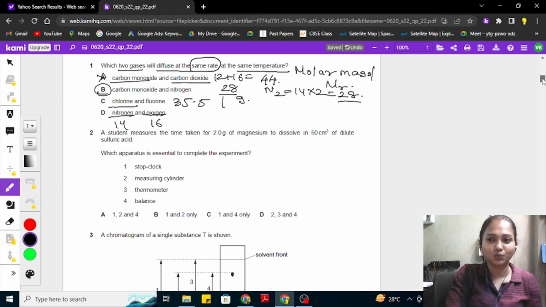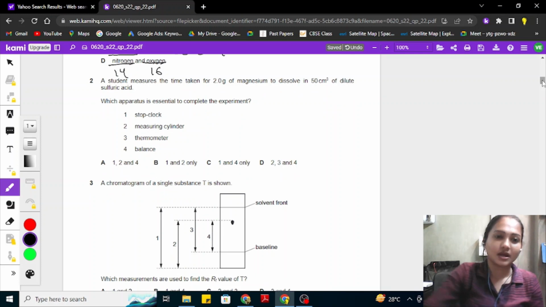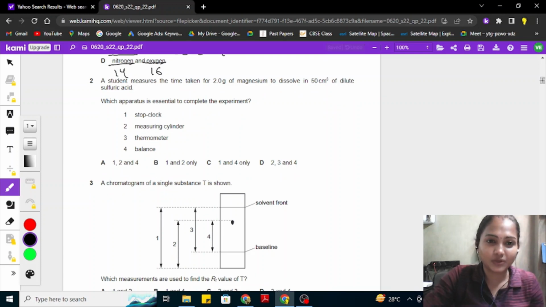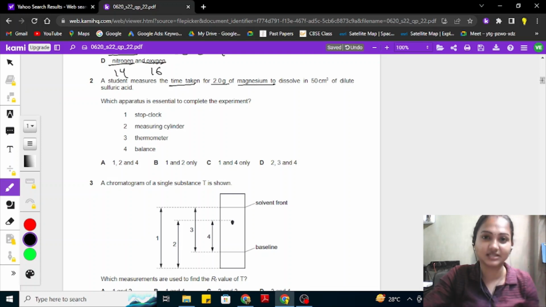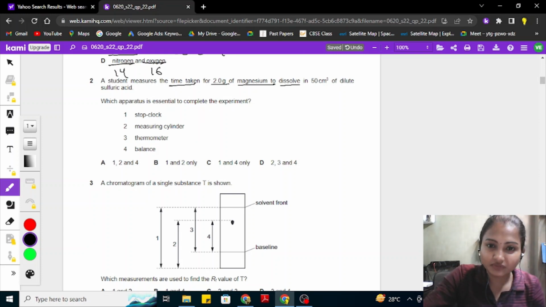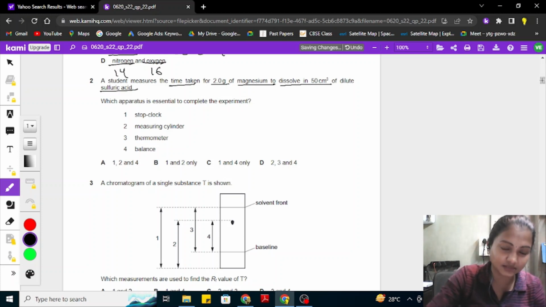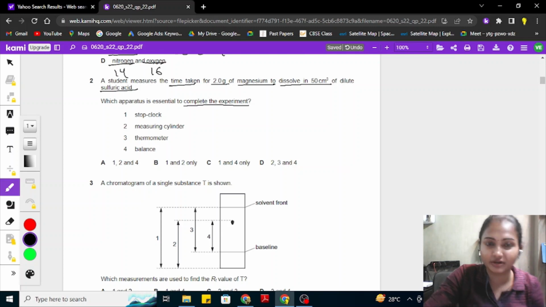Now the second question. The student is measuring the time taken for 2 grams of magnesium, weighing it and doing it at regular intervals of time, dissolving into 50 centimeter cube volume of dilute sulfuric acid. Which other apparatus is required by him or her to complete this particular experiment?